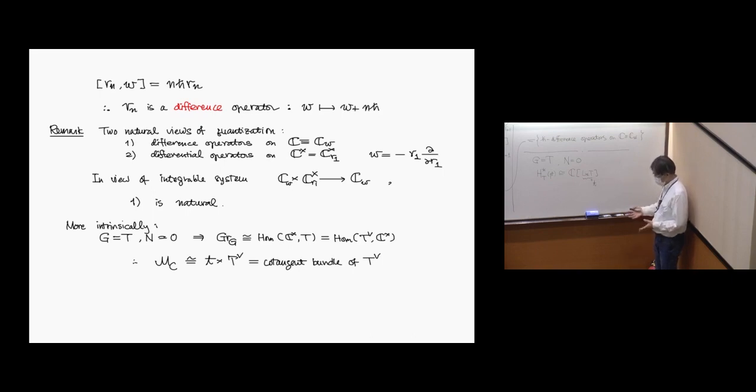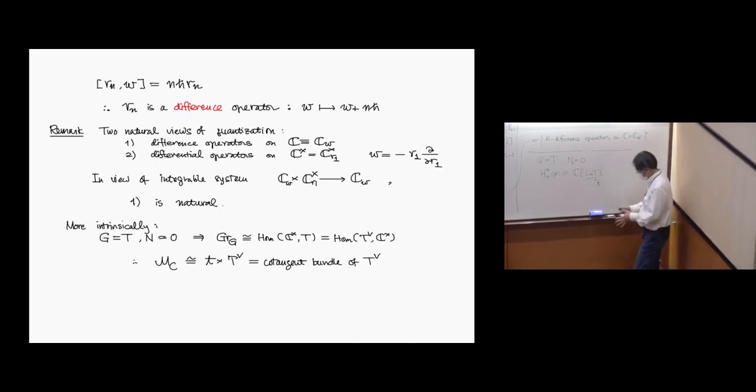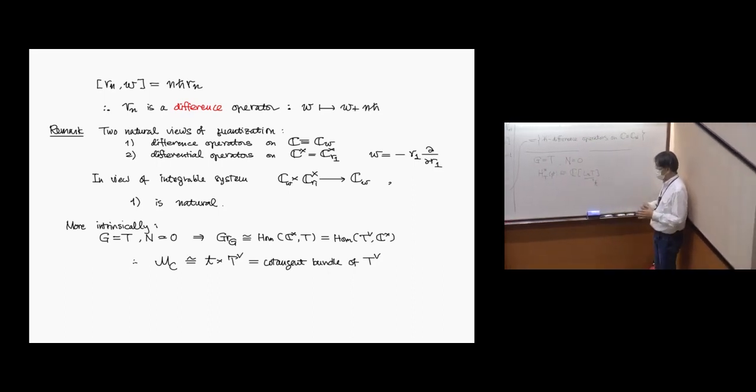So you consider the character, it gives a group-invariant function on the torus. And for the equivariant cohomology, you replace the group by the Lie algebra. So you should get functions on the Lie algebra.